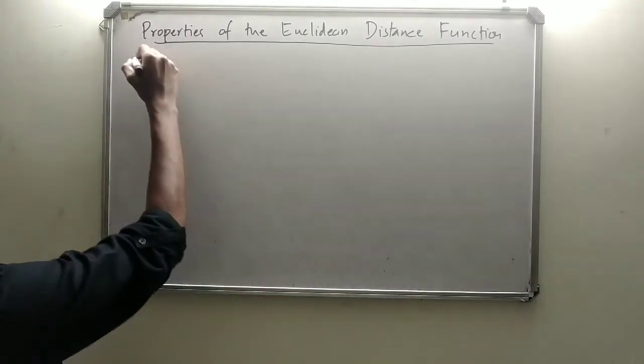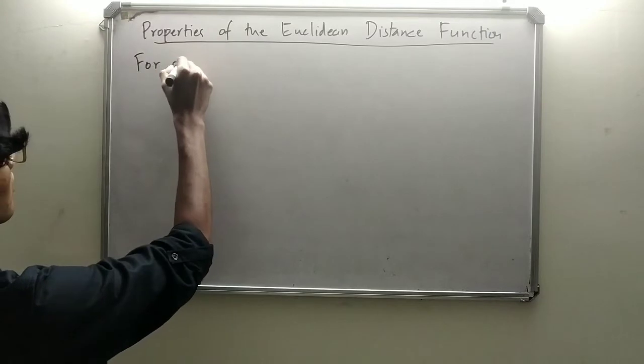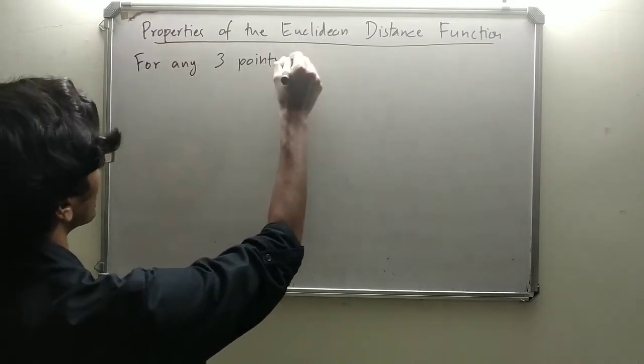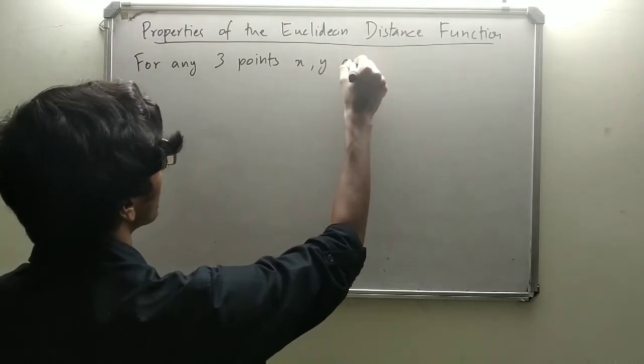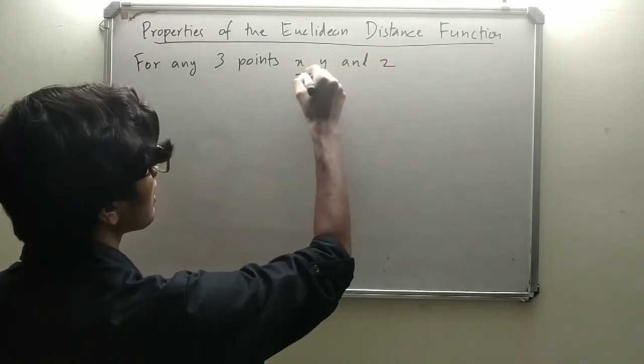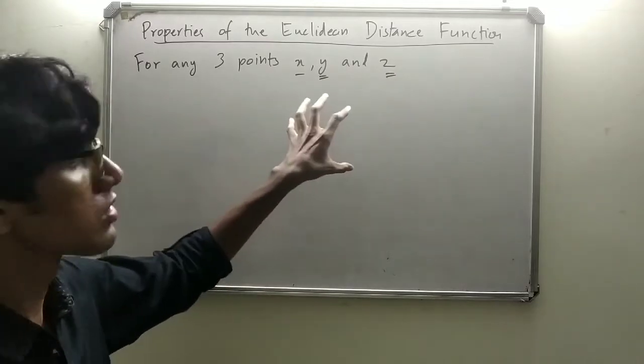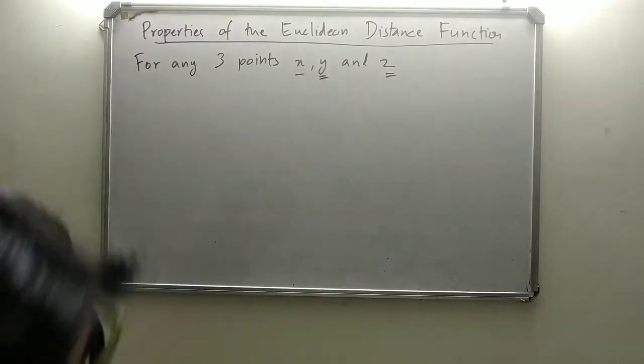So for any 3 points x, y and z, like I said, these three are individual points. They are not coordinates, so don't confuse them with coordinates.